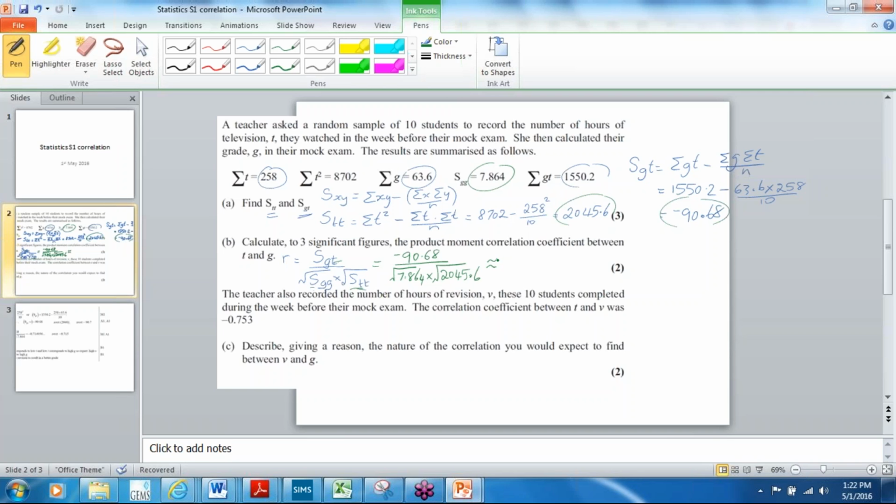Alright. 90.68. 7.864. You get the negative, and to three significant figures, 0.715.